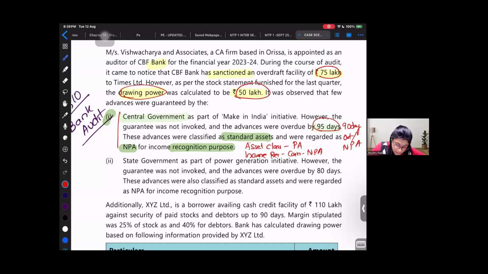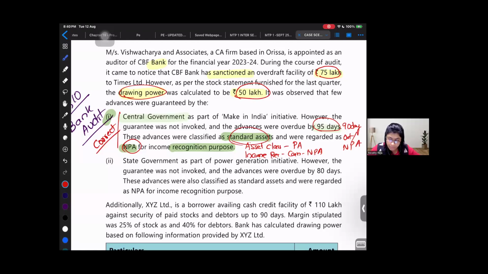So it is correct. It is performing, but income will be on cash basis like NPA. You understood now? I hope you guys, this is not a class to explain. So central government guaranteed means for income recognition, it will be like NPA. For asset classification, standard, performing.